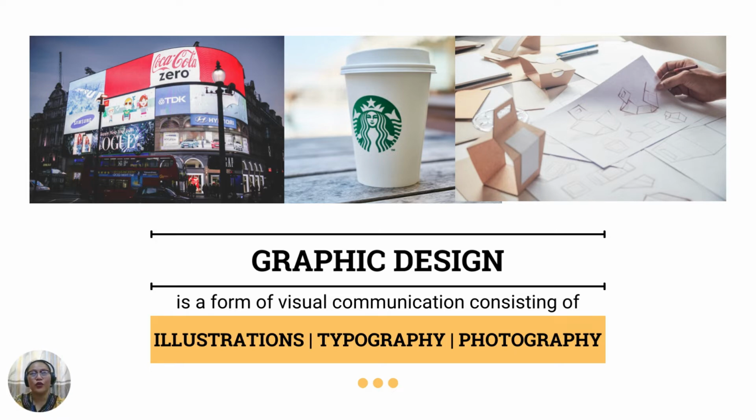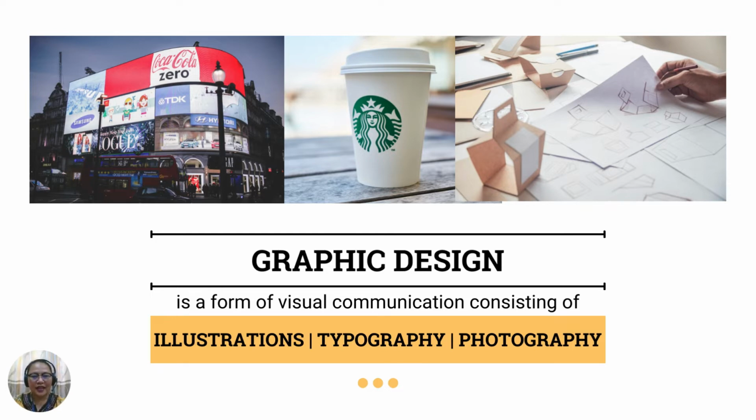So if you want to convey a message, if you want them to have this impression sa'yo, you can do that visually and not verbally by just using these three visuals. Okay, so let's have a look at some more practical examples.